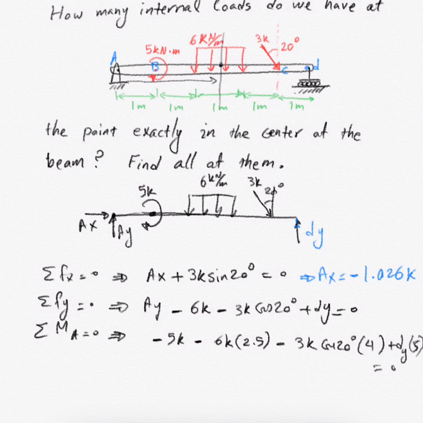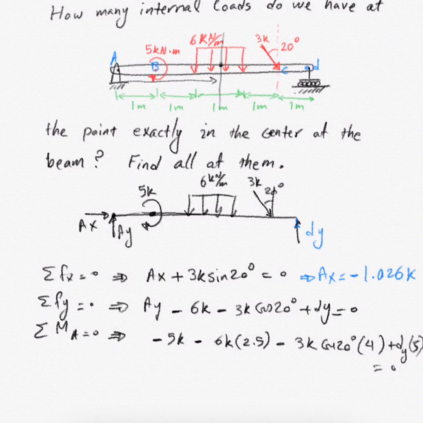Now you solve equation number 3, one equation, one unknown. So you get 5 plus, put it inside parentheses, 6 times 2.5 plus 3 times 4 times cosine 20, divided by 5.